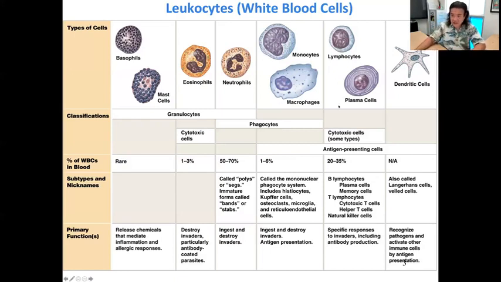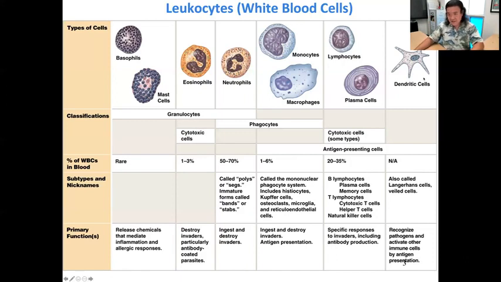So these cells over here can be considered professional antigen-presenting cells because not only do they carry out other tasks of being phagocytic or cytotoxic, right, but they also present evidence of different antigens that they are collecting to be able to pass the message on to other immune cells that something is going on here, and these are the types of antigenic targets that are involved.